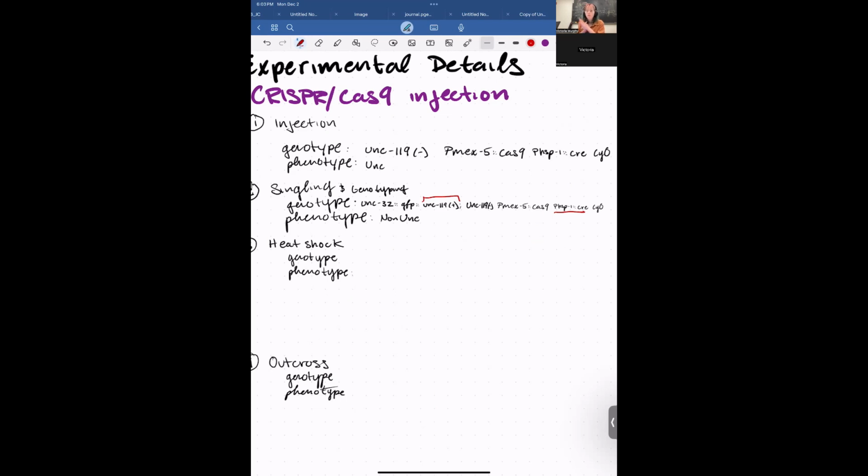So if the heat shock works, our next genotype would be UNC32 GFP, now no longer with the rescue of UNC119 because it's been excised by the Cre recombinase. And then UNC119, which is still mutant at its endogenous locus, and then PMEX5, Cas9.